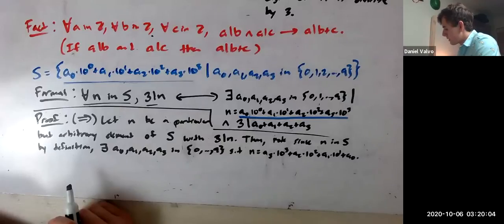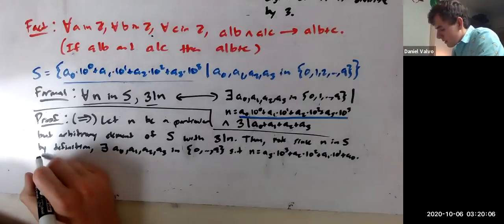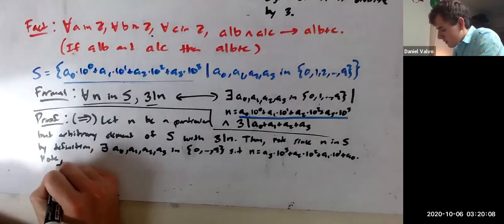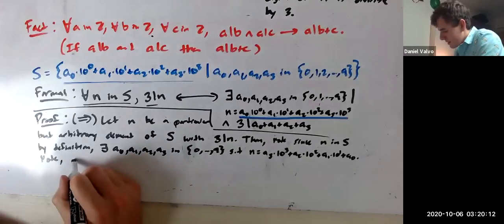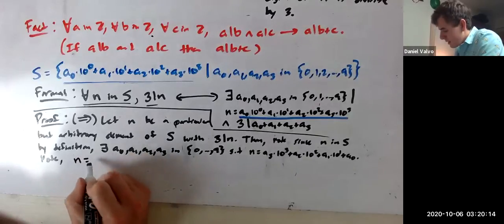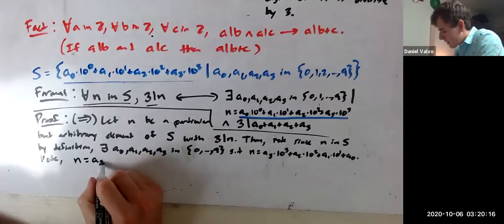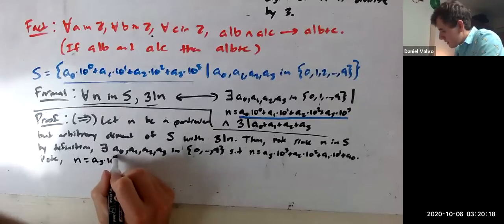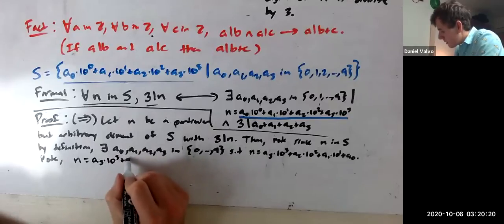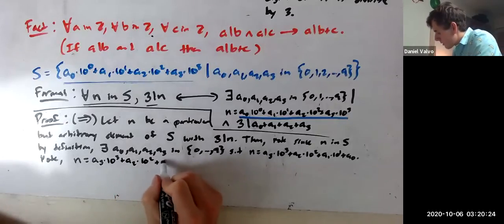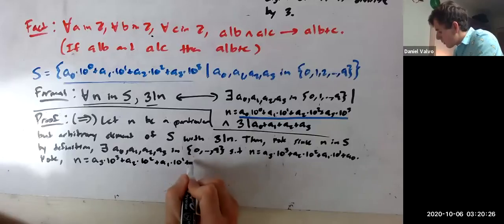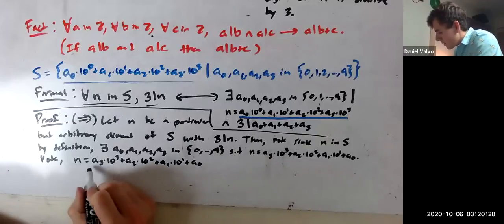All right. Note. Here's where the special part comes in. n equals A3 times 10 cubed plus A2 times 10 squared plus A1 times 10 to the 1 plus A0.